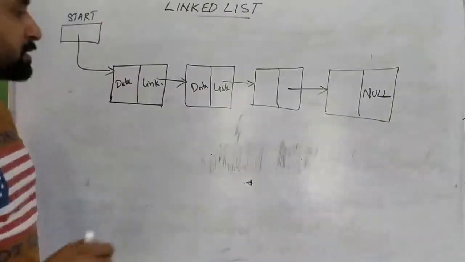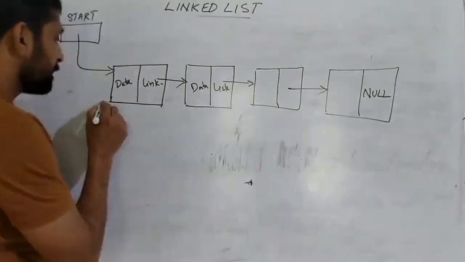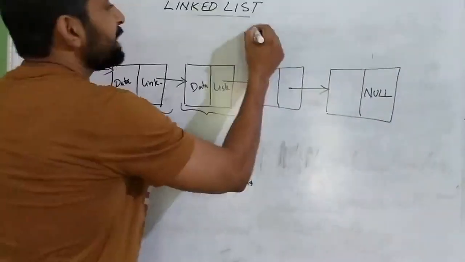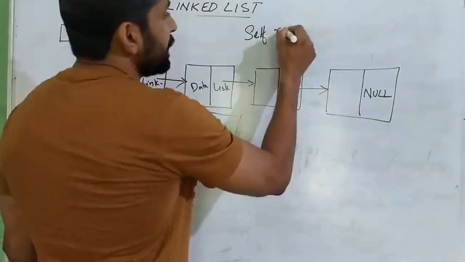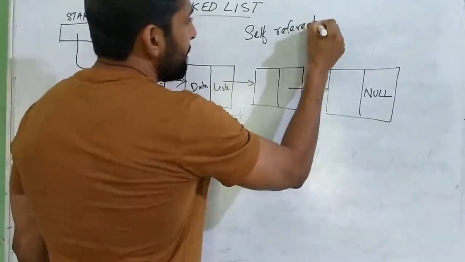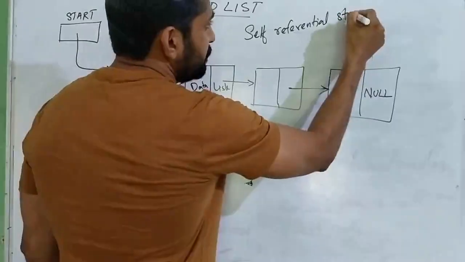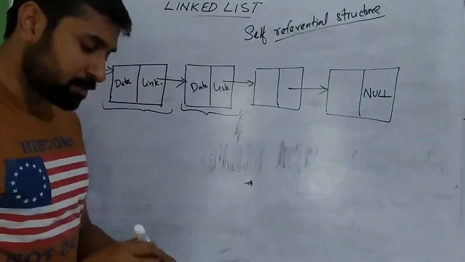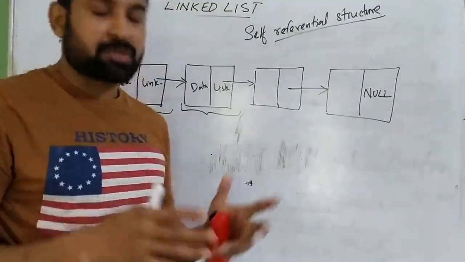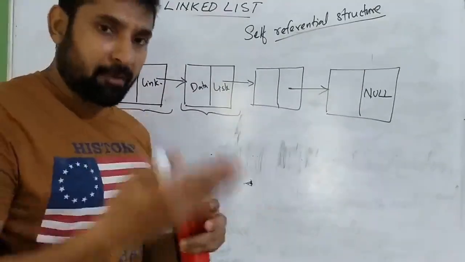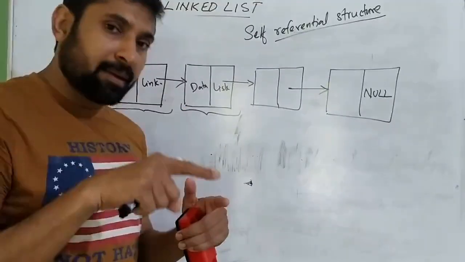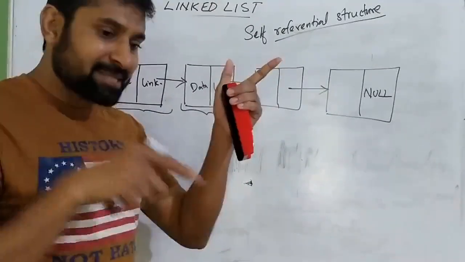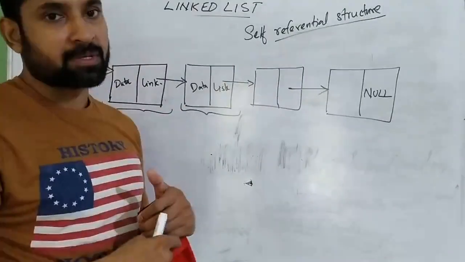Now our question is, we have seen that the node is a self-referential structure. What is a self-referential structure? A structure having a pointer of the same structure inside that structure is a self-referential structure.